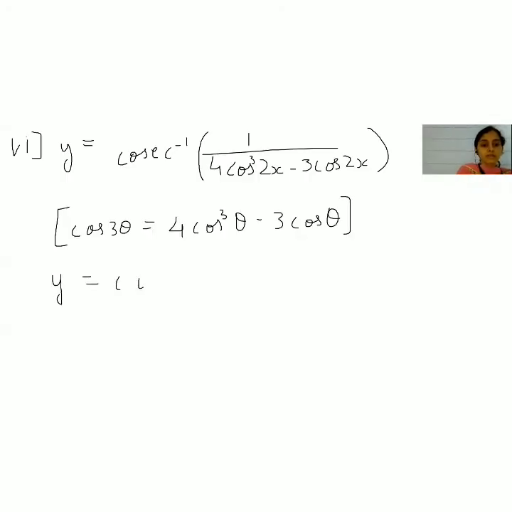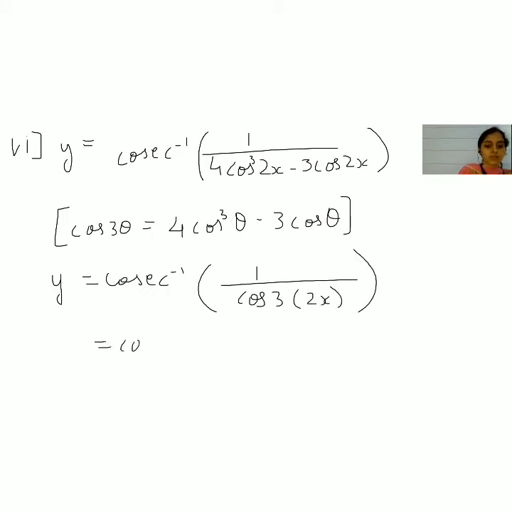So y is equal to cosec inverse bracket 1 upon 4 cos cube 2x minus 3 cos 2x. So our theta value here is 2x. So 4 cos cube theta minus 3 cos theta is cos of 3 theta, but our theta value is 2x, so 3 theta will be 6x.